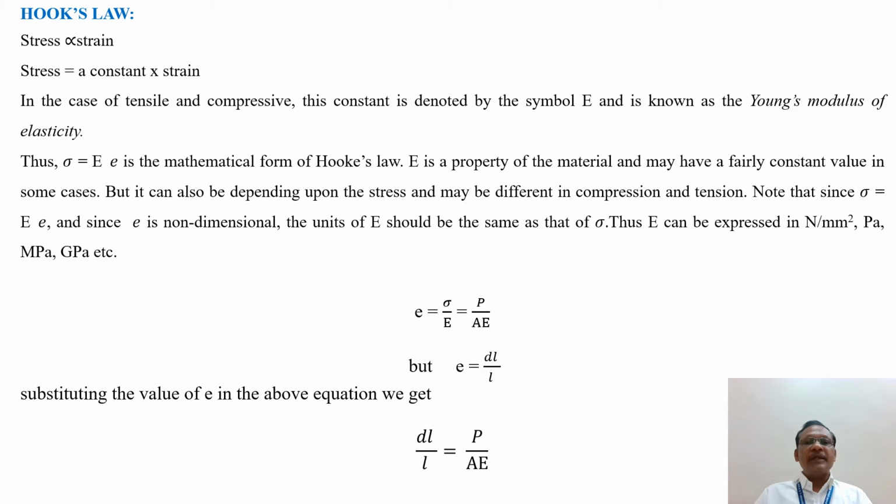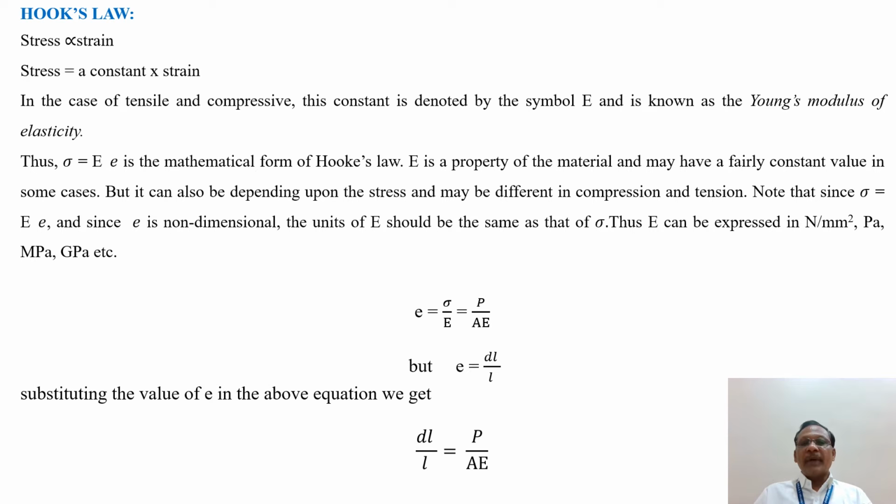In the case of tensile and compressive, this constant is denoted by a symbol capital E and is known as the Young's modulus of elasticity. Thus, sigma is equal to capital E into small e. Capital E is the Young's modulus and small e is the strain, and this is the mathematical form of Hooke's law.